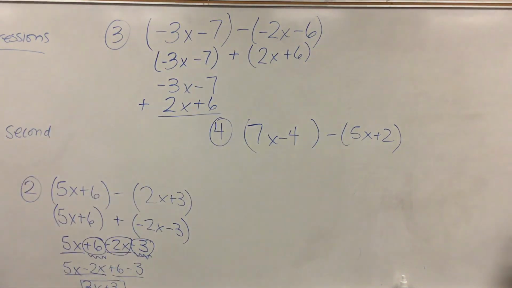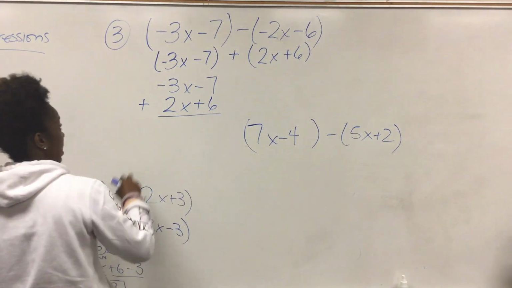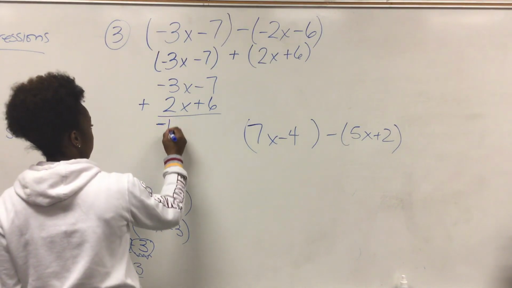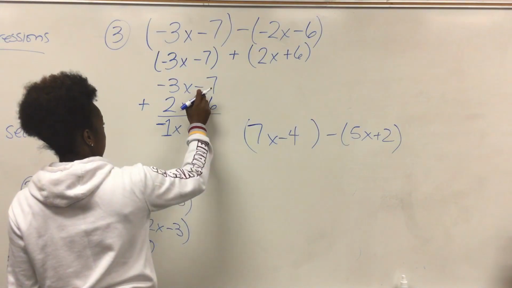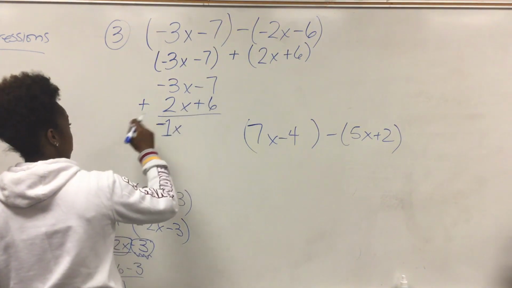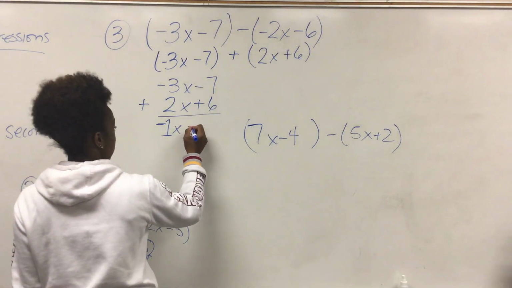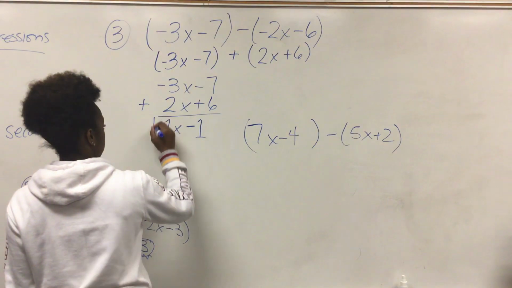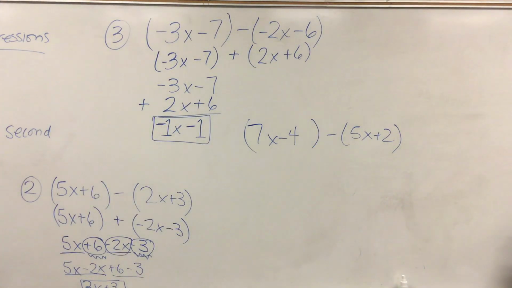Alright, negative 3x plus 2x is negative 1x, or you can just put negative x. Then negative 7 plus 6 is negative 1. Which will give me my final answer.